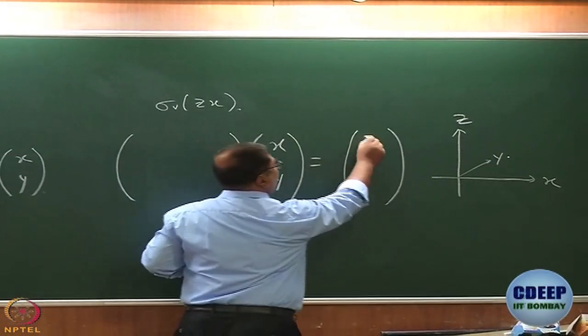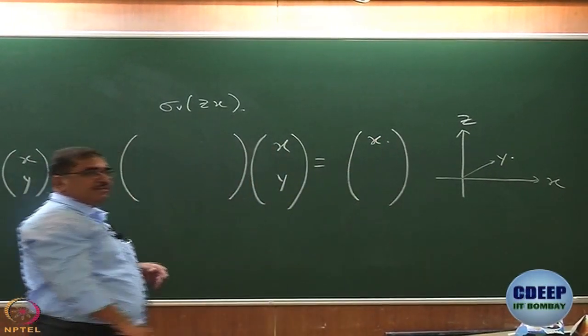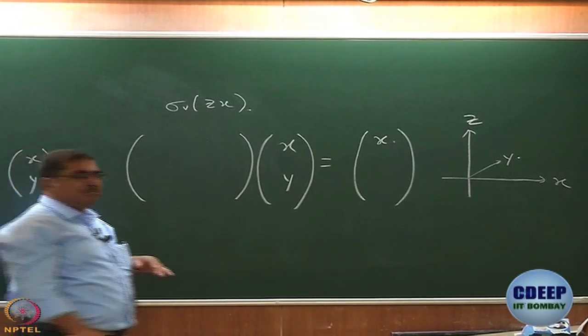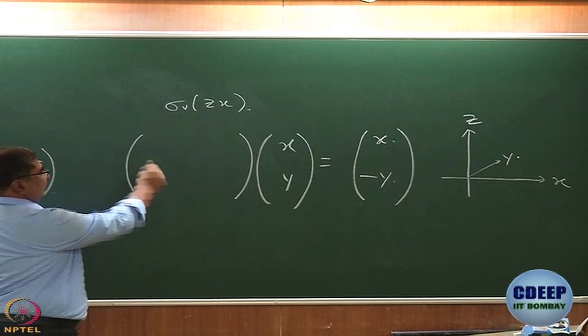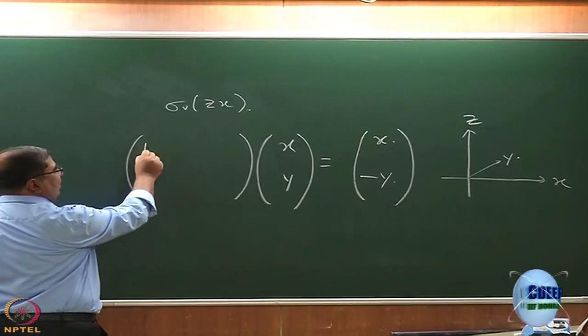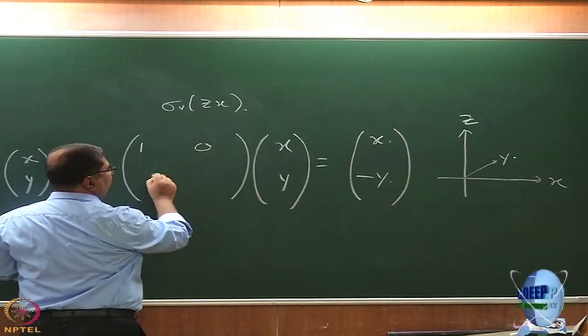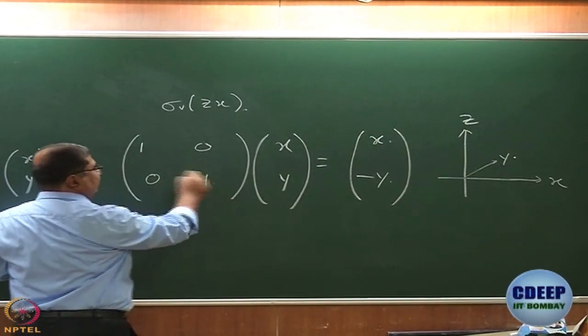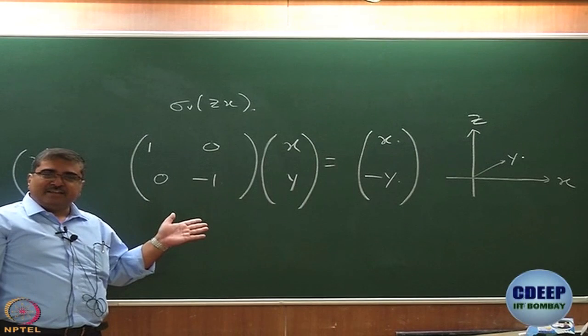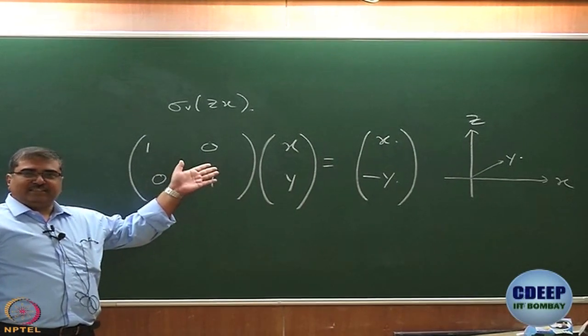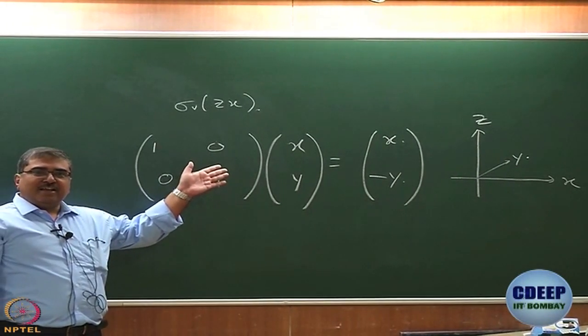It remains x. What happens to y? Y becomes minus y, very simple. What is the matrix? Yeah, 1 0 0 minus 1. It is not very difficult to see that the same thing will happen if I use sigma yz, right.